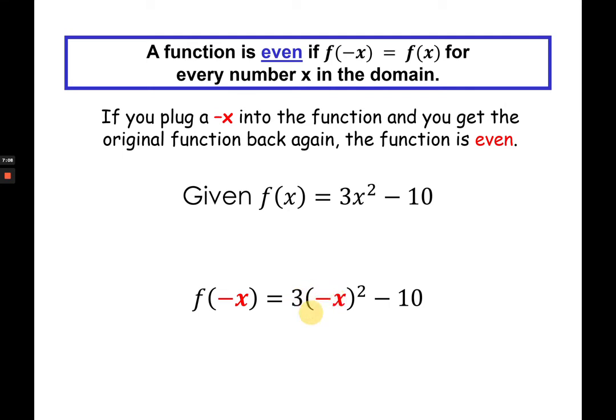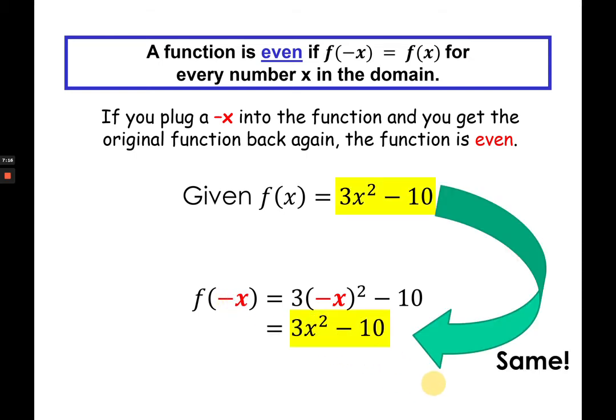The 3 does not change sign, so it retains, and negative 10 is not affected by the substitution, so we get 3x squared minus 10. Notice that it's the same. If you plug a negative x into the function and you get the original function back, the function is even.